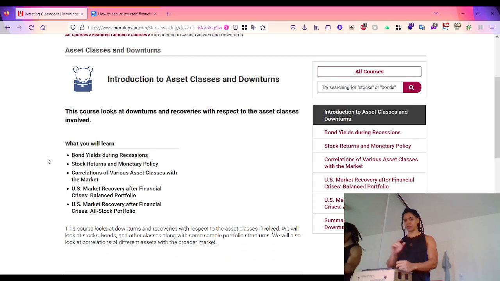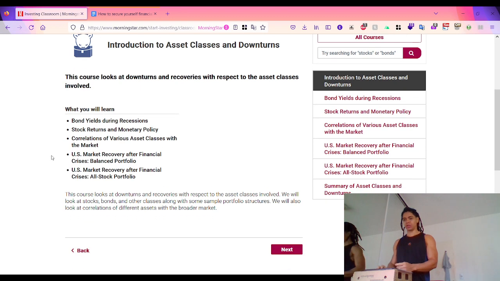This course looks at the downturns and recovery with respect to the asset classes involved. What you will learn is bond yield during recessions, stock returns and monetary policy, correlation in various asset classes with the market, and the US market recovery after financial crisis with a balanced portfolio and with an all-stock portfolio.